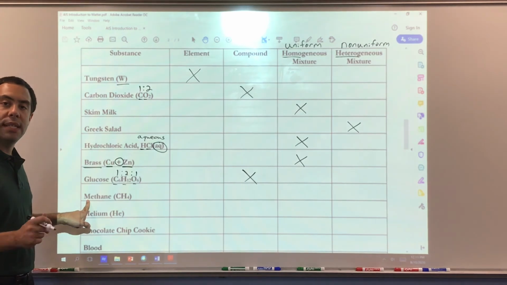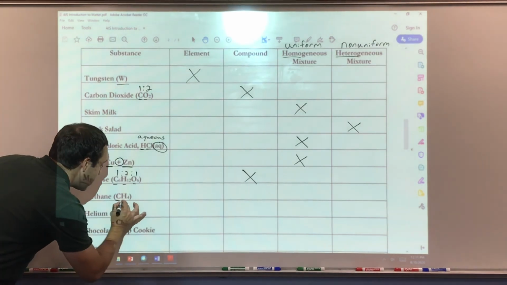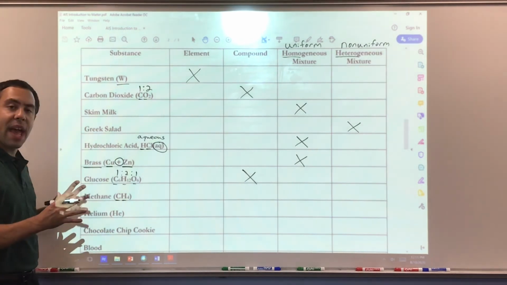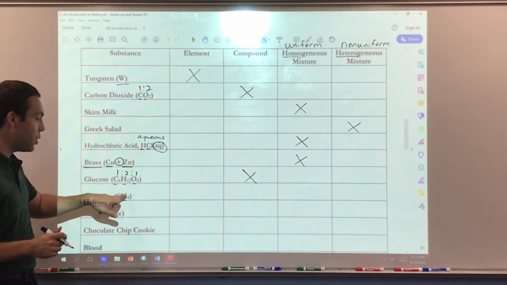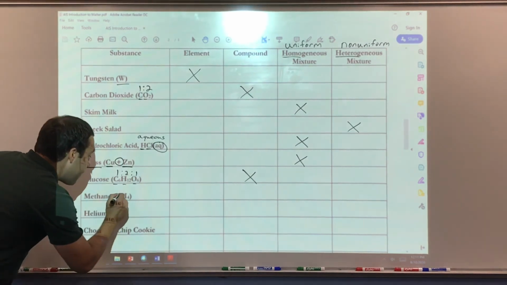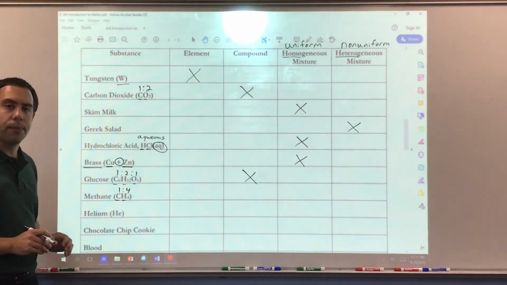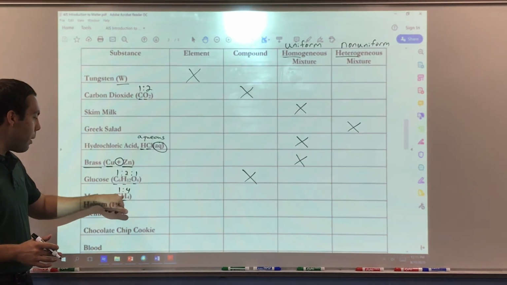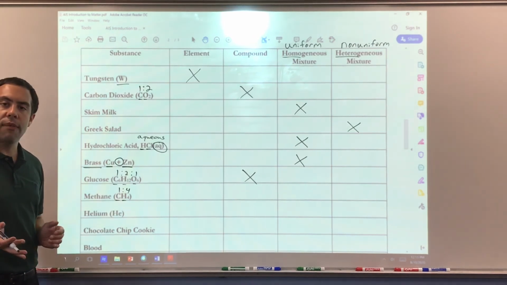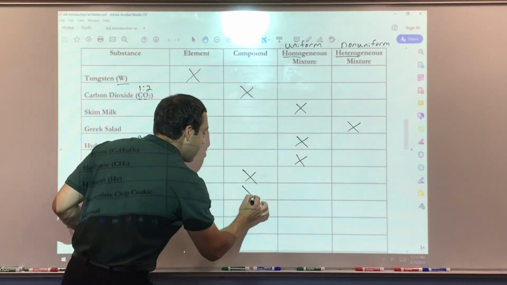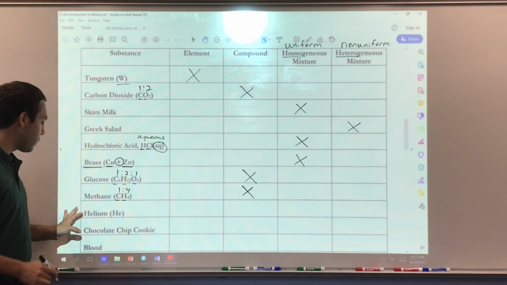Methane is CH4. Once again, we have two different elements. They're chemically combined. There's no plus sign in between these two elements. In a fixed proportion, a 1 carbon to 4 hydrogen ratio. So once again, two or more different elements, chemically combined in fixed proportion, that is going to be a compound.